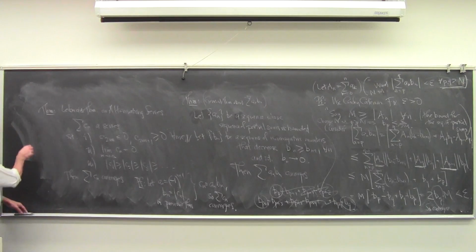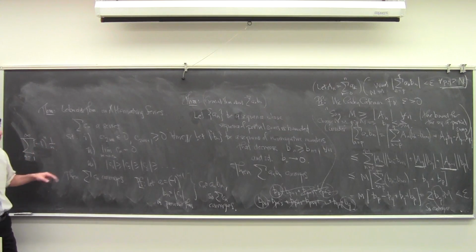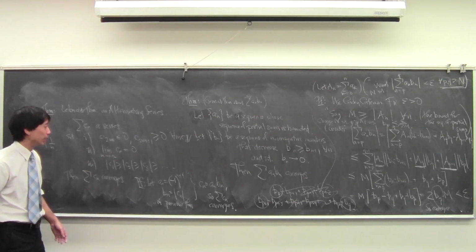So for example, if I look at the sum of minus 1 to the n times 1 over n from 1 to infinity, then this converges, right? It's an alternating series, and the terms decrease in magnitude. So you just apply the previous theorem, and it gives it.